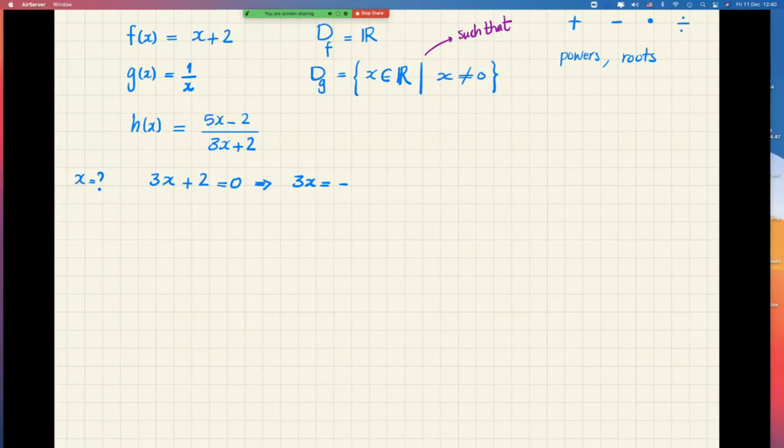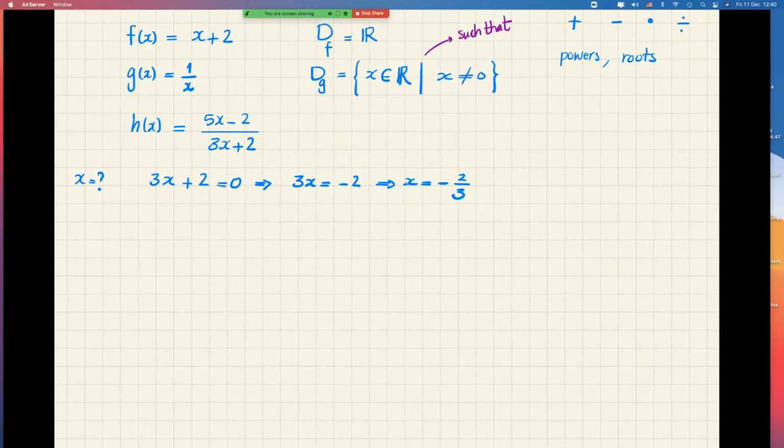You take -2 to the right-hand side, then you divide by 3, and you get -2/3. So if I choose this number, then the denominator becomes 0 and I will be in trouble. And this is the only one that makes trouble for me, because I solved this equation and I found just one answer.